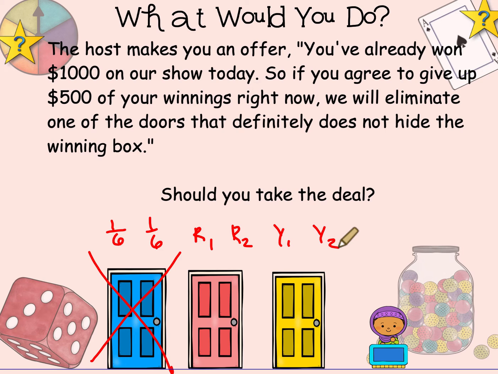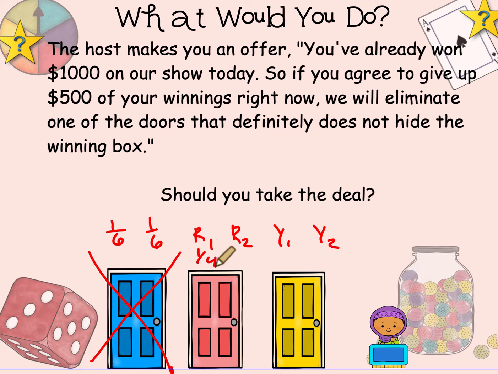So there's only 4 boxes. So the probability now of you randomly choosing the correct box would be 1 out of 4. So have you increased your chances? Yeah, the probability of picking from 6 versus from 4 is obviously a better deal.